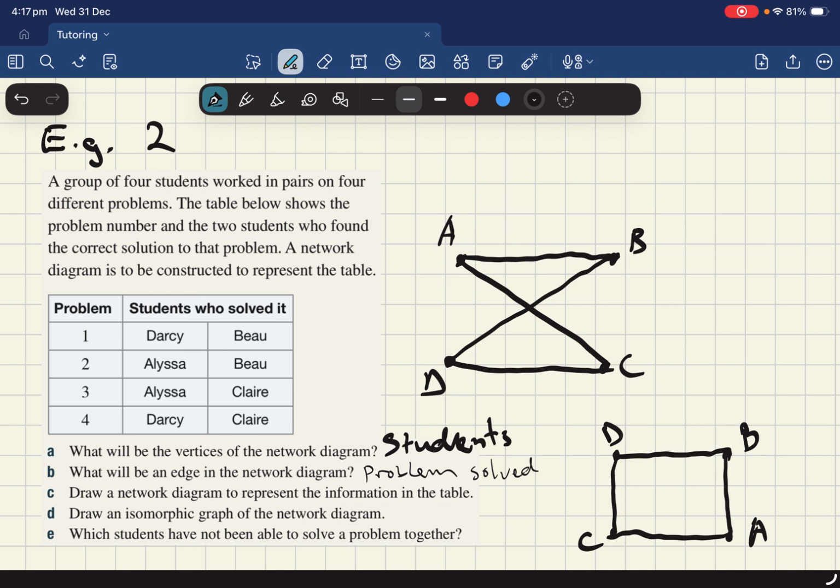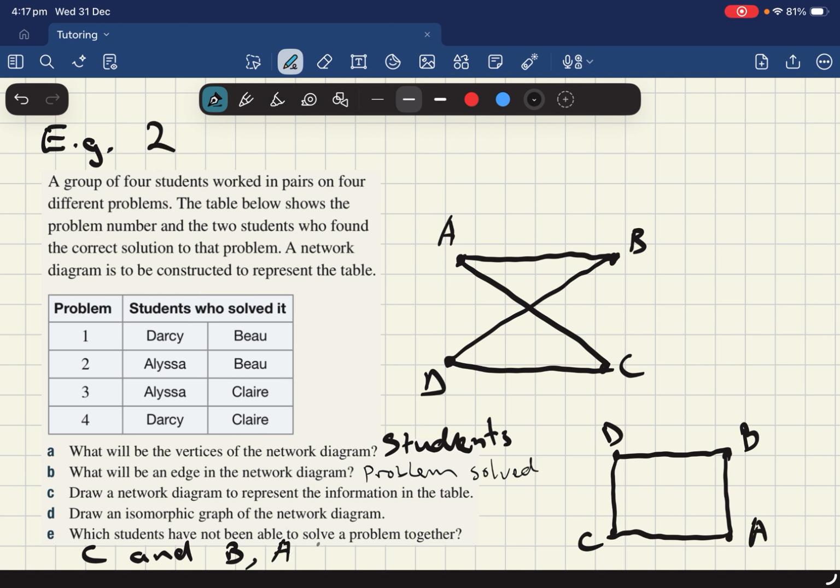Now, it's saying in part E, which students have not been able to solve a problem together? This question is basically asking us which two are not connected. So we can see here that Claire and Bo could not solve a problem together. So C and B. Claire and Bo couldn't, and A and D couldn't.